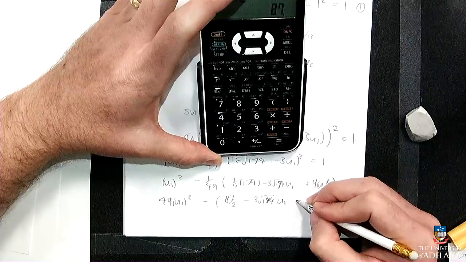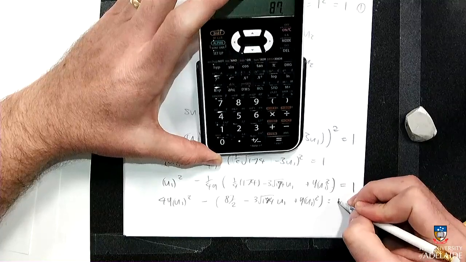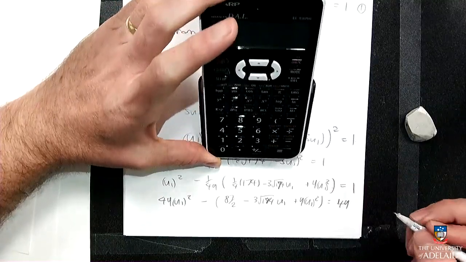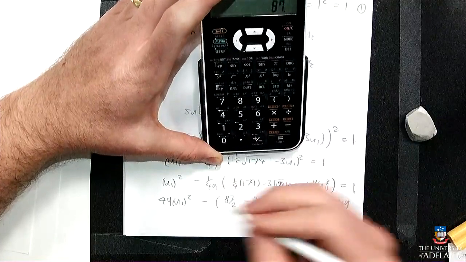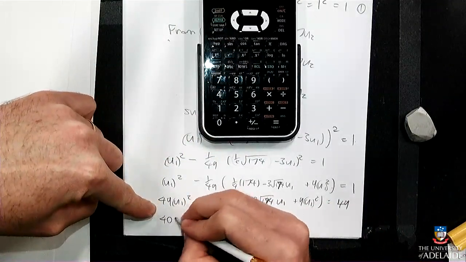And so I've got that this minus that would be 40.